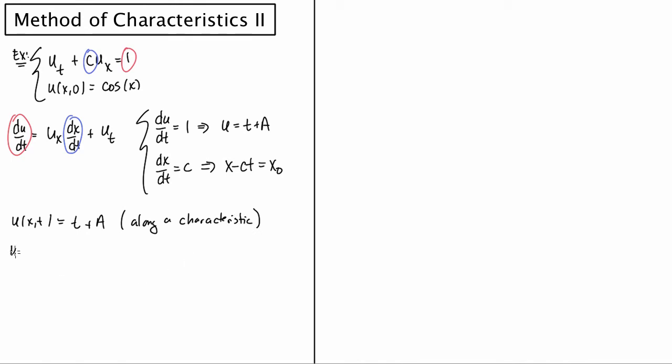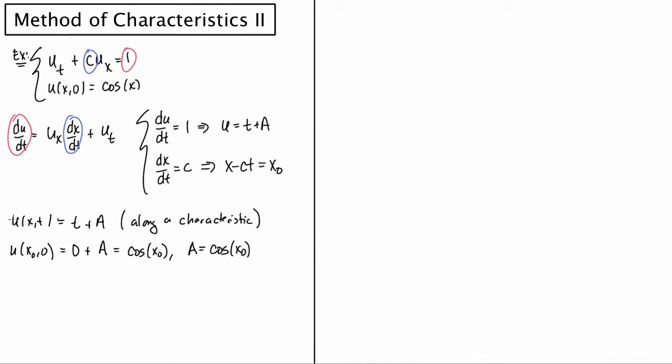then looking at, let's say, u(x naught, 0) is your starting position on that characteristic, then because t is 0, you get 0 plus a, and that needs to equal the value of u at 0, which is cosine at the initial point x naught. And so the idea is that this arbitrary constant a is going to equal cosine of x naught.